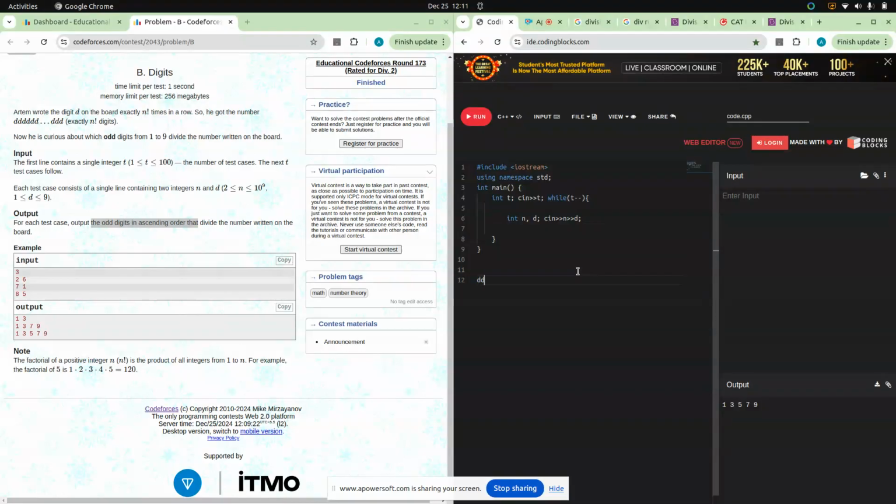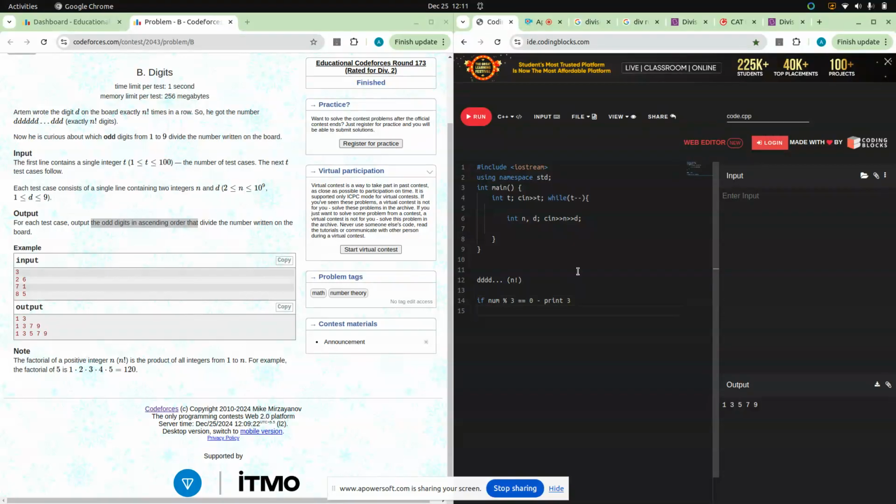So d written factorial times, is it divisible by, let's say the number is num, 1? That is always true, okay. For 3, then print 3 basically.